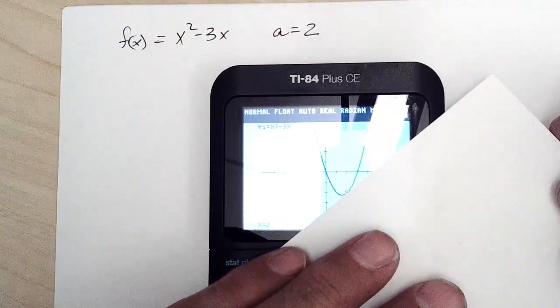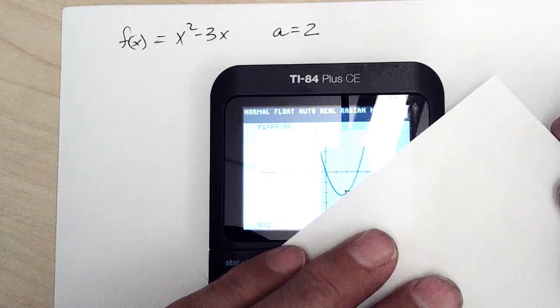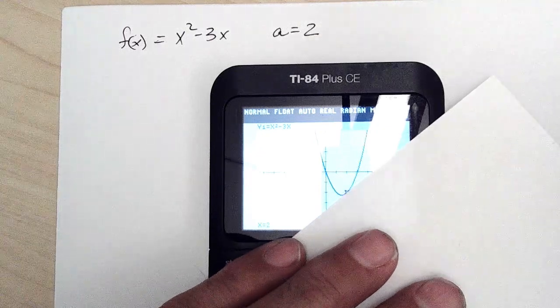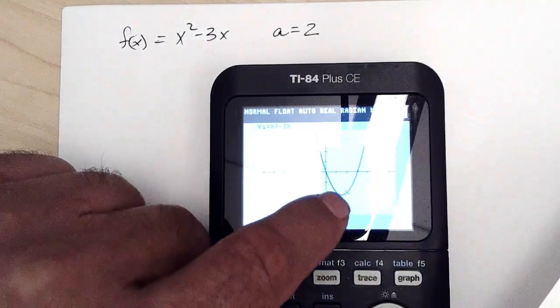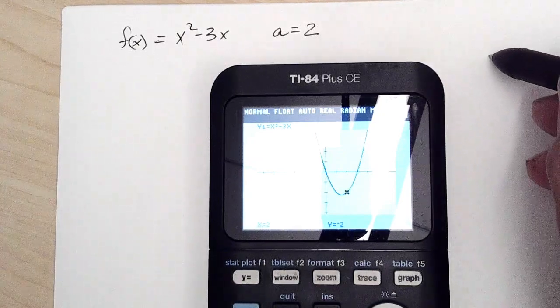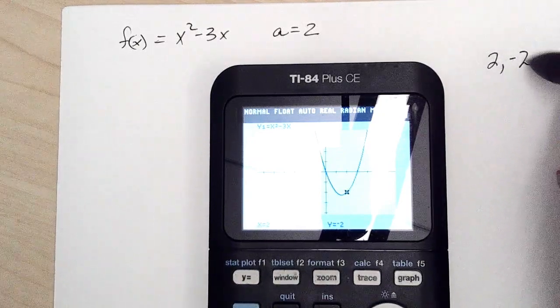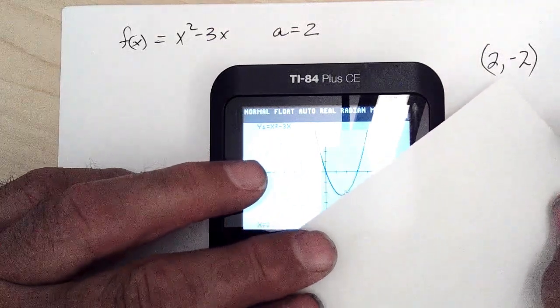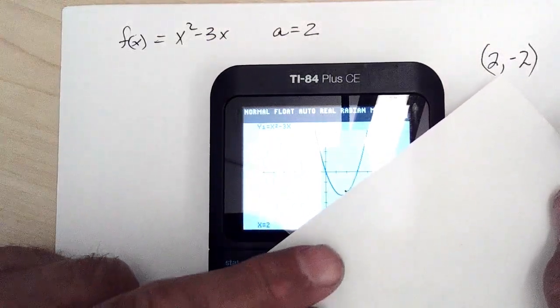Now, if I've got it reasonably close here, I should be able to find 2 points. This point right there is 2, negative 2, so I'm going to write that down over here. The tangent line at 2 has to go through that point, and it has to go through another point.